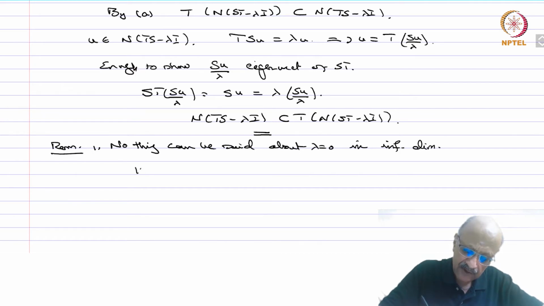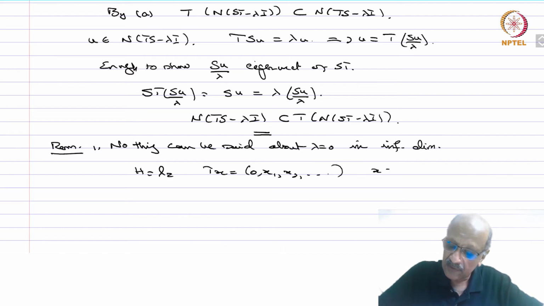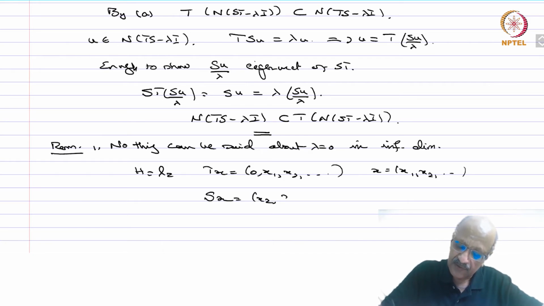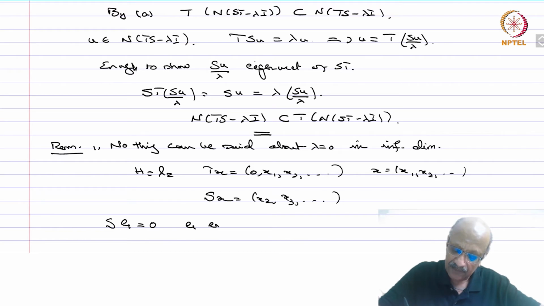For instance, you take H equals little l2 and you take T of x equals 0, x1, x2 and so on, where x is x1, x2, and so on, and S of x equals x2, x3 and so on. So both of them are bounded linear operators, we have seen this. If you take e1, then S of e1 is 0. So e1 is an eigenvector for lambda equal to 0.